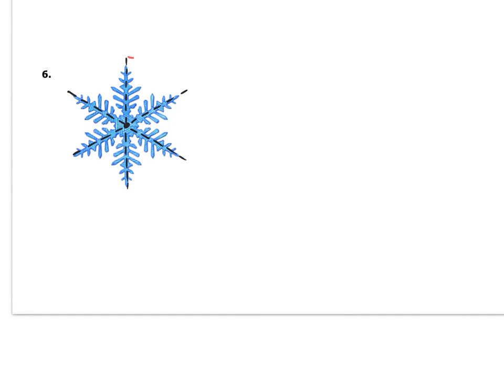Well, I can rotate from this line to this line. Again, from here to here. So that's 2 rotations. Again, here to here is 3, 4, 5, and then 6. Okay, so this snowflake has rotational symmetry, and it's 6 times I can rotate before it gets back to its original position.